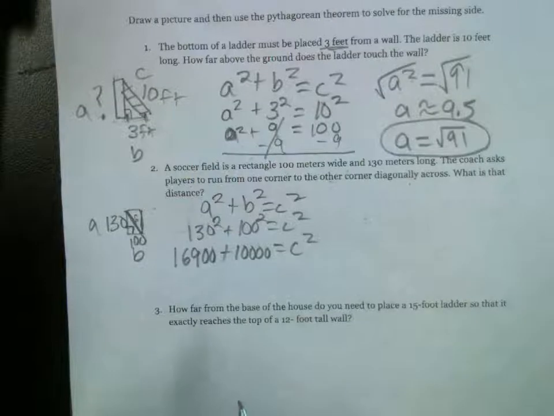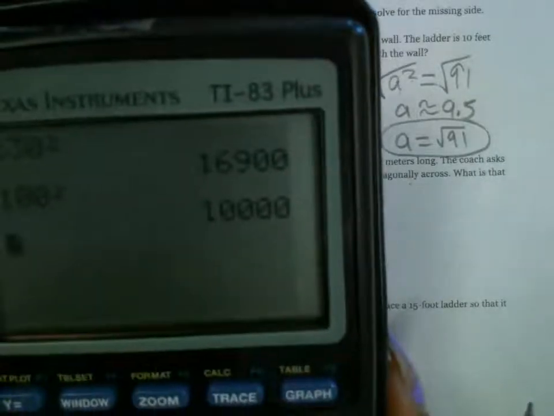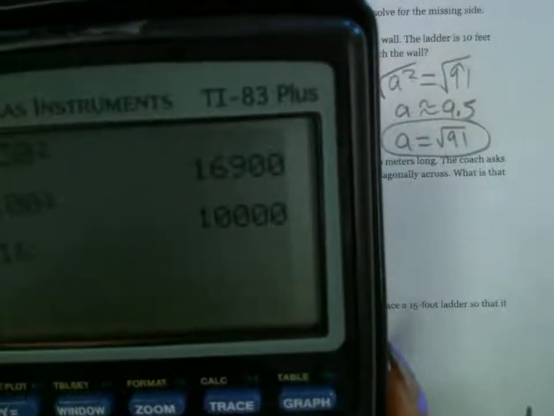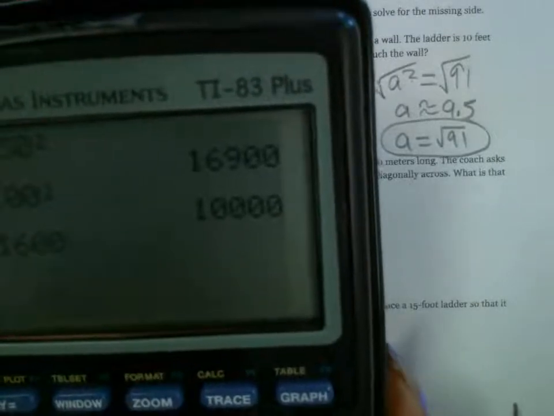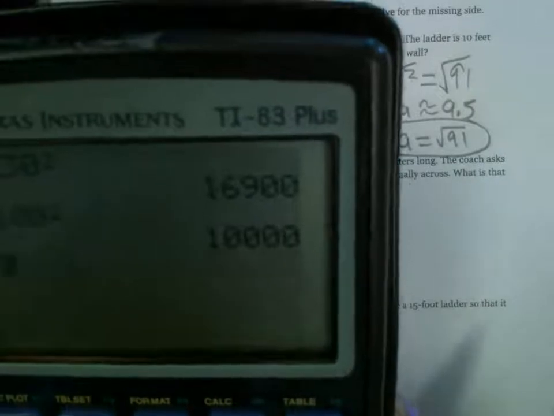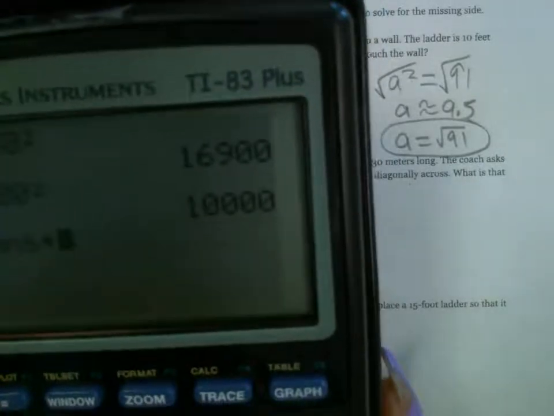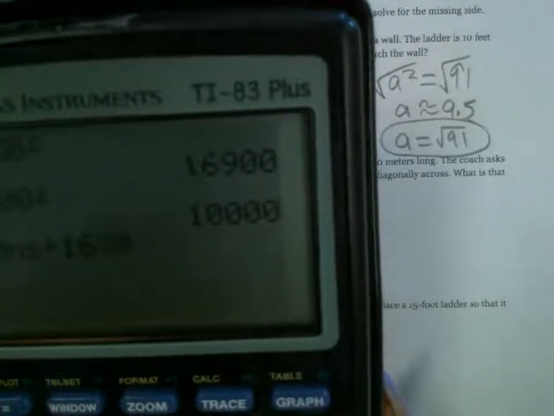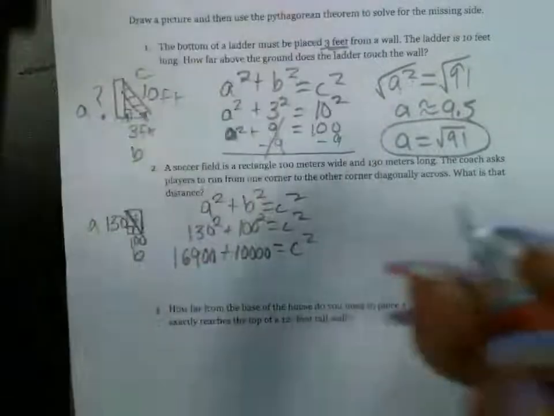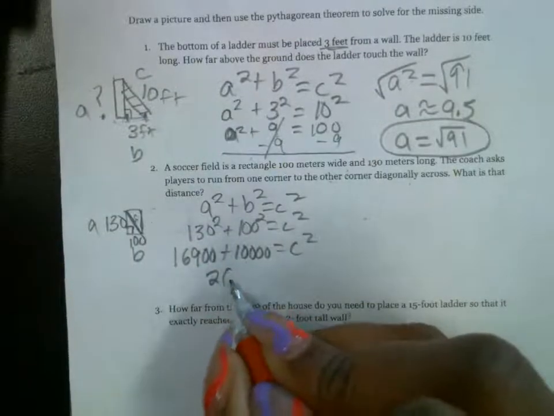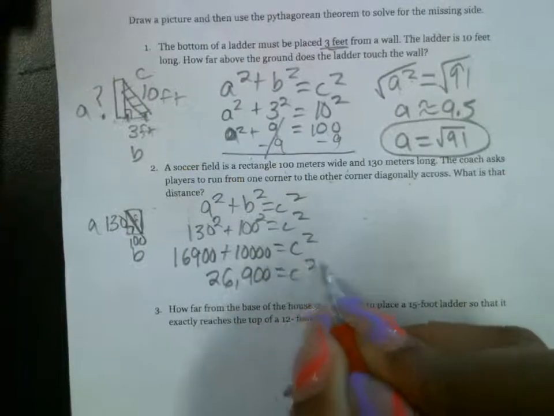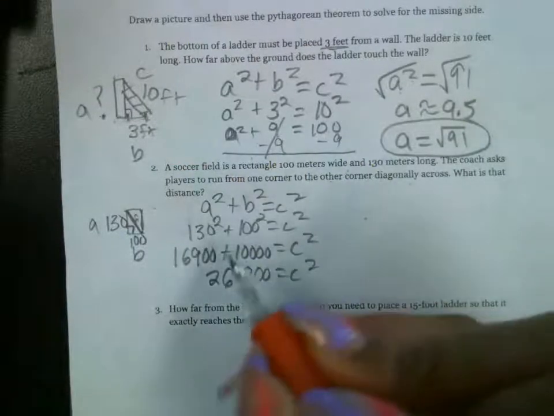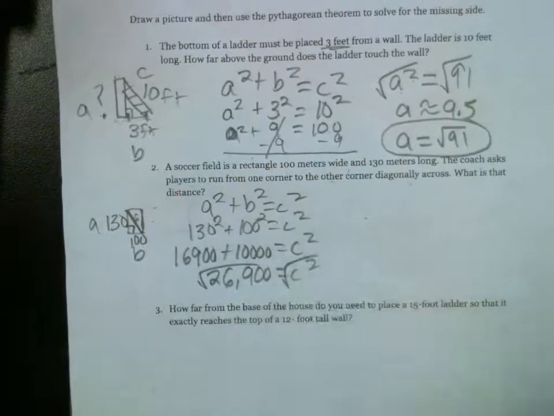I'm going to add those together. We add those together, and that gives us 26,900. Okay? So now we're going to find the square root on both sides.